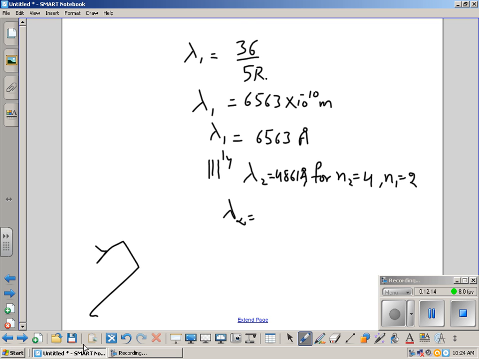Need not calculate in detail. That can be obtained when n2 is equal to infinity and n1 is equal to 2, the last spectral line in this series. So first spectral line, second spectral line, third, fourth, and so on. The last spectral line is the limiting member.